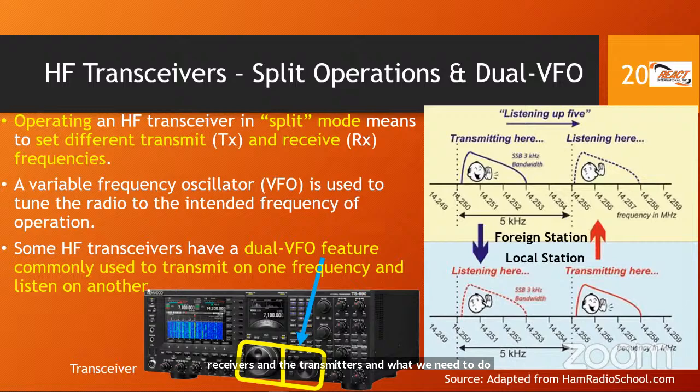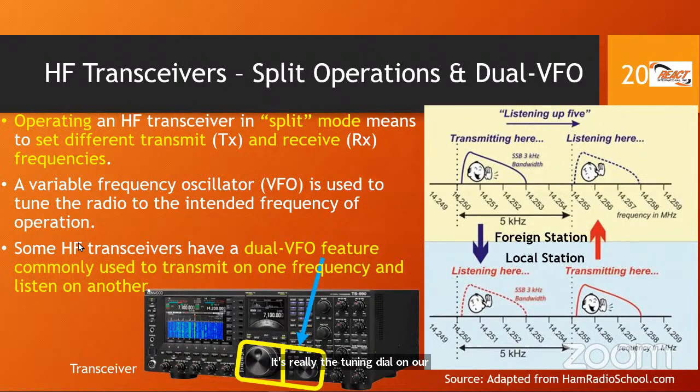We showed block diagrams. So we have oscillators, right? We need to change the frequency of the oscillator to be able to receive another frequency. So that's called the variable frequency oscillator because it's our tuning dial, and we have that here. On your screen, this is a one tuning dial. This particular radio has 2 tuning dials. So that's what a VFO is. It's really the tuning dial on our radio.